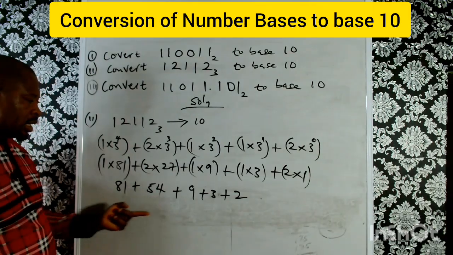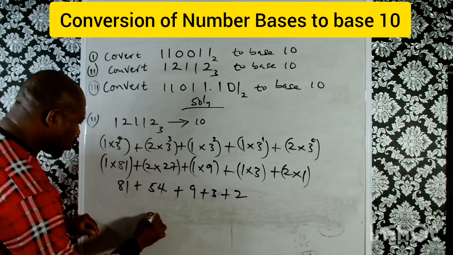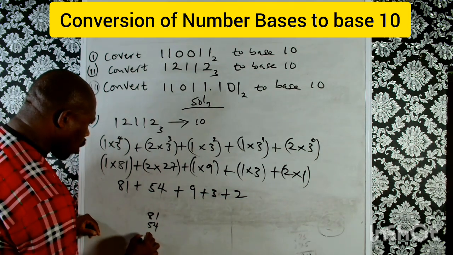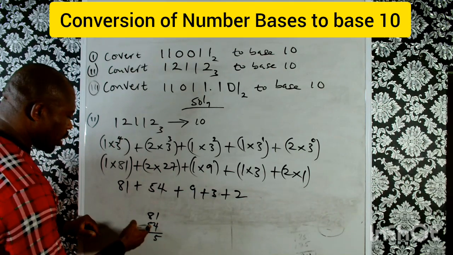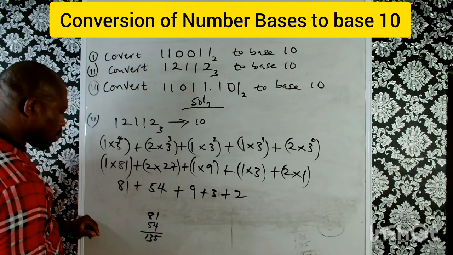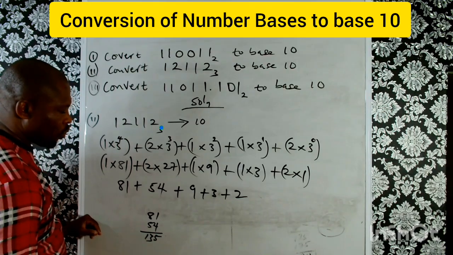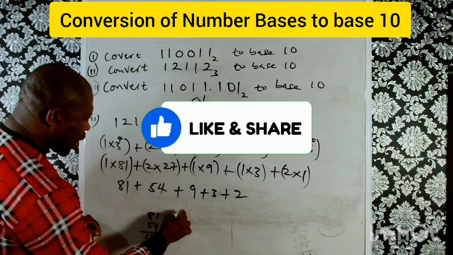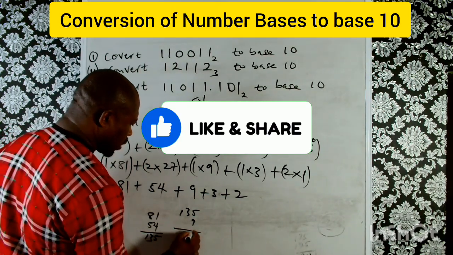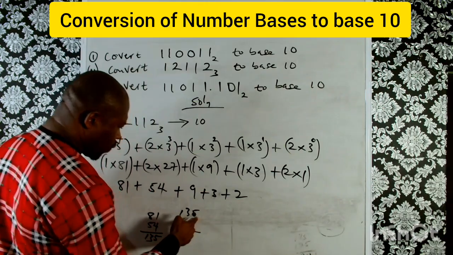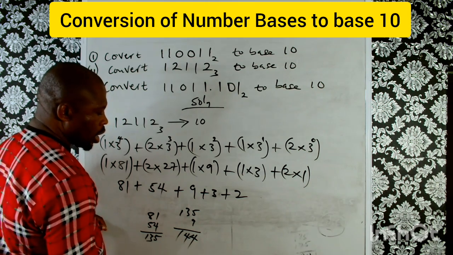Now we add all of them. 81 plus 54 will give us 135. 135 plus 9 will give us 144.